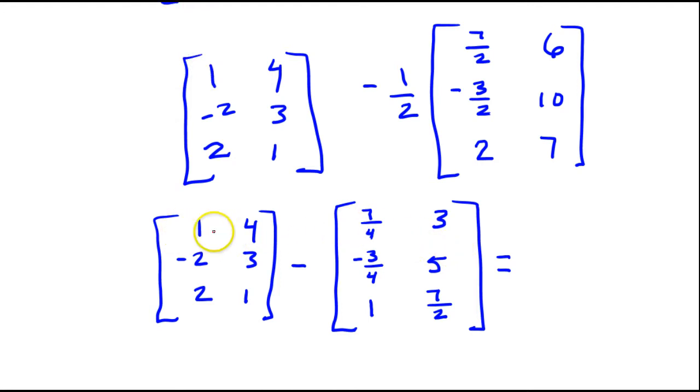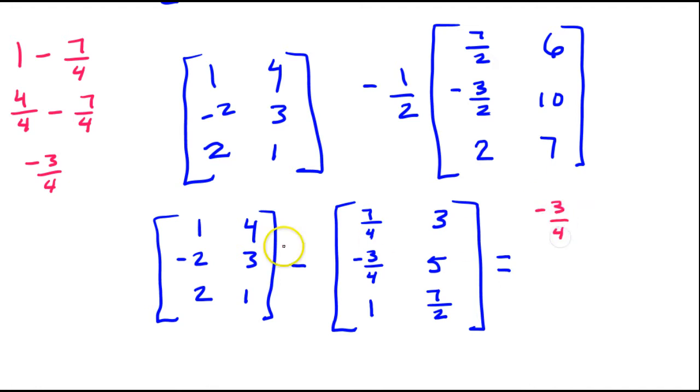So now I'm just going to subtract the corresponding elements. So I need to do 1 minus 7/4. I'm going to need scratch paper. So if I do 1 minus 7/4, that's 4 over 4 minus 7/4. So that's negative 3/4. So I get negative 3/4.